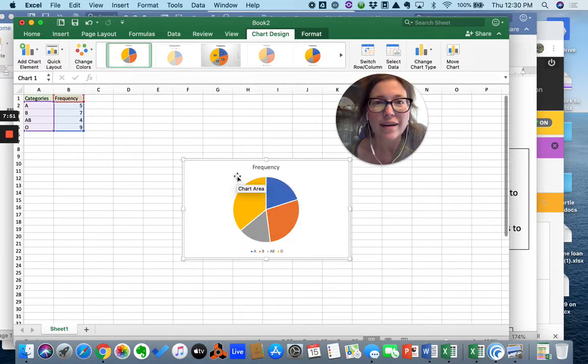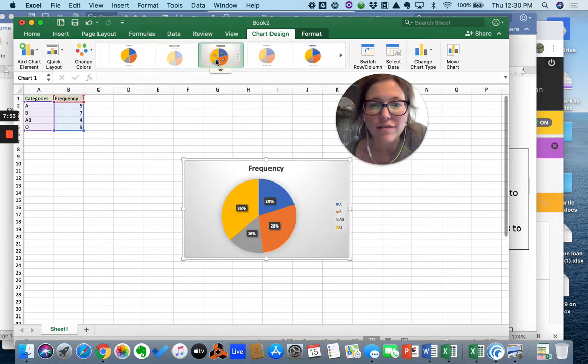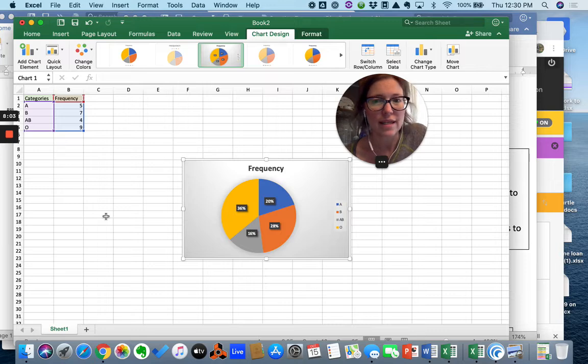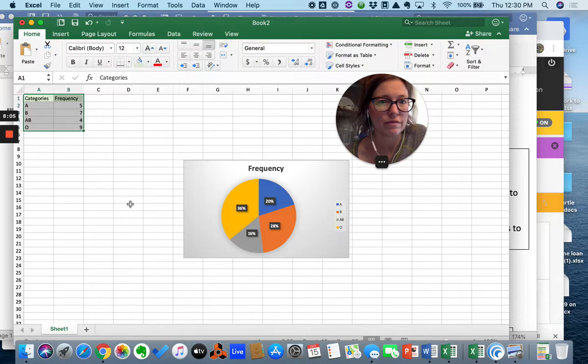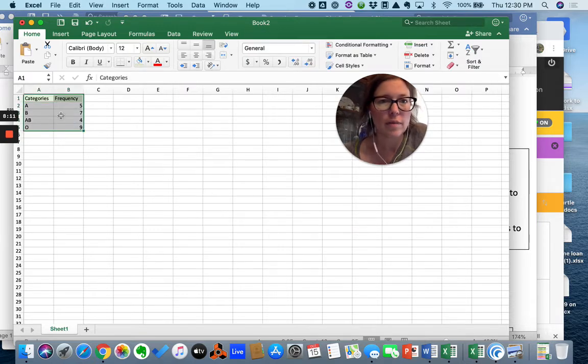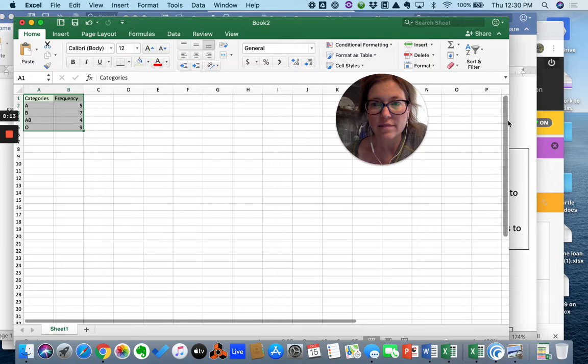You can edit this, you can choose the different, you see the key right there. But I'd like to point out, let me hit escape and get out of all of that. Okay, so let's say I want to make a pie graph of this.